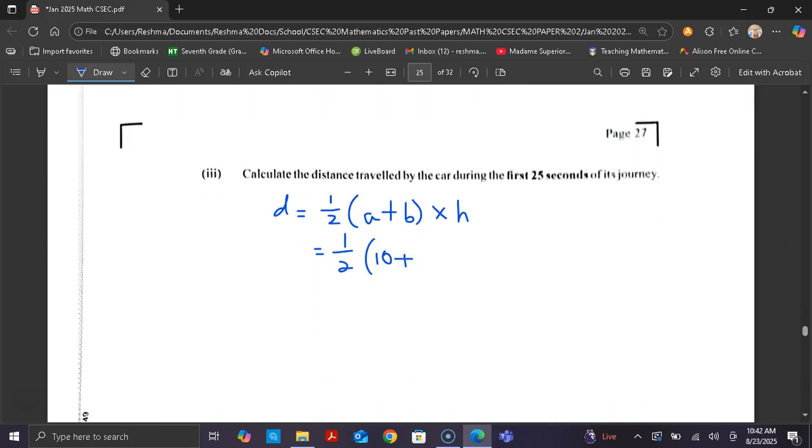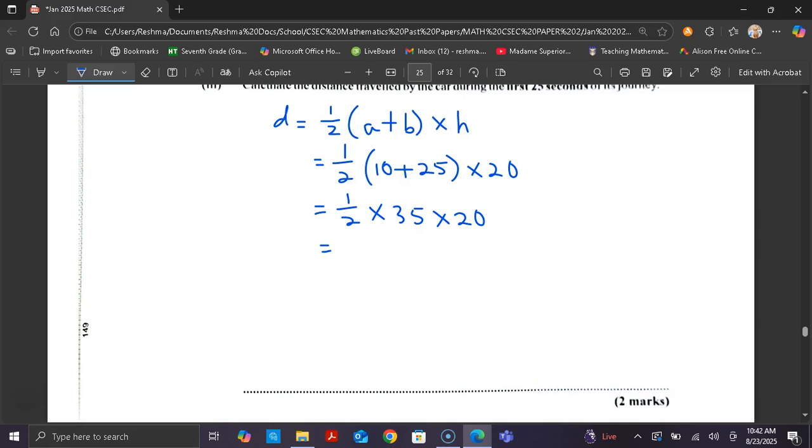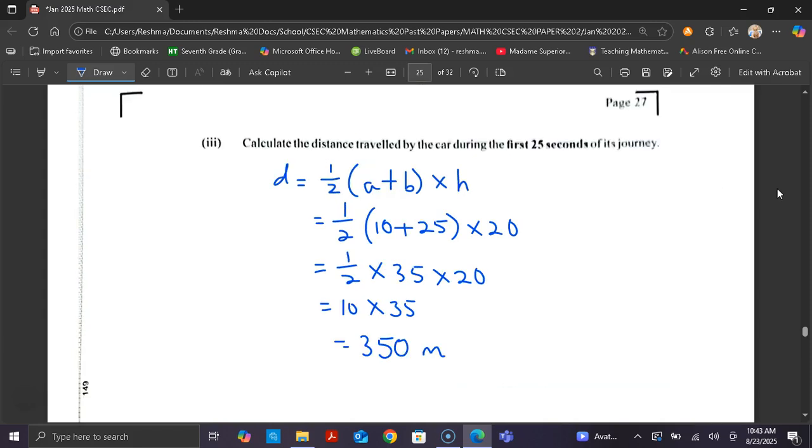So a half times (10 plus 25) times 20. 10 plus 25 is 35, so it will be a half by 35 by 20. A short way: a half of 20 is 10, and then 10 by 35 is 350. Therefore, the distance traveled by the car during the first 25 seconds of its journey is 350 meters.